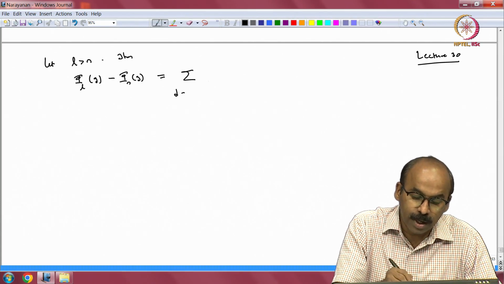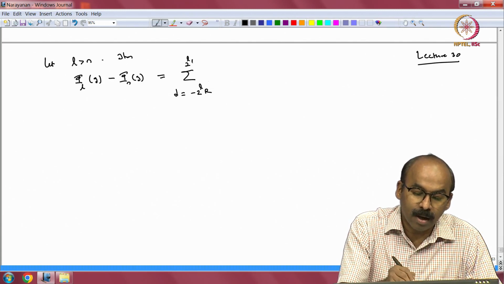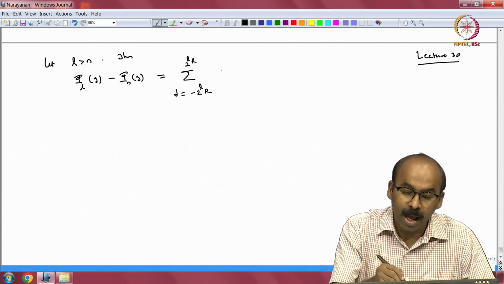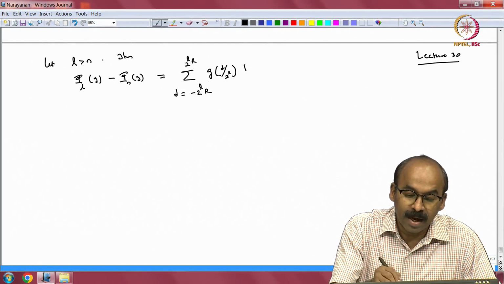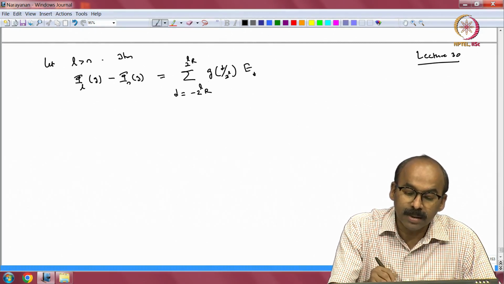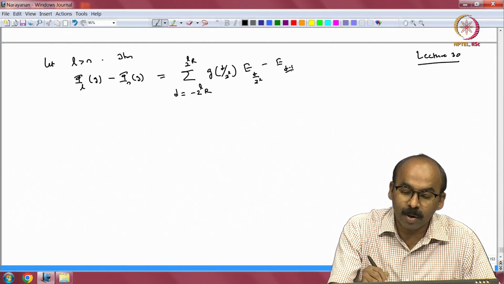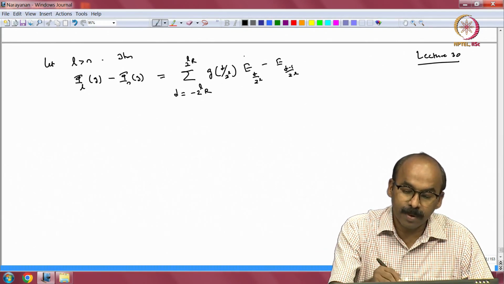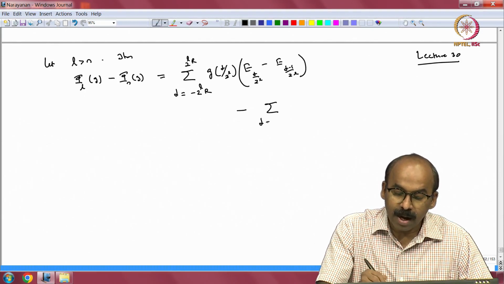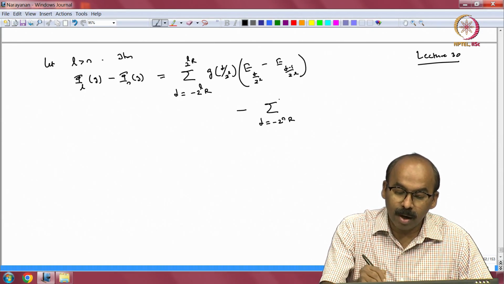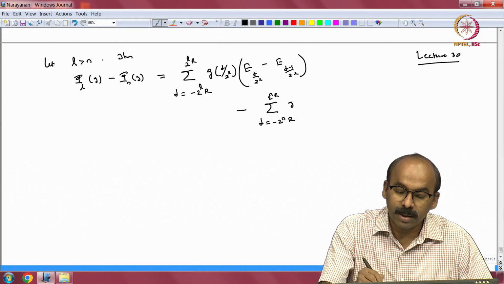Okay. So, sum over j equal to minus 2 to the L r to 2 to the L r, that is the definition. So, I am simply copying the definition, there is nothing here: g of j by 2 to the L, I will have E of j by 2 to the L minus the other end point, that is E of j minus 1 by 2 to the L. So, that is my operator, minus, for n it is the sum from minus 2 to the n r to 2 to the n r of g of j by 2 to the n.